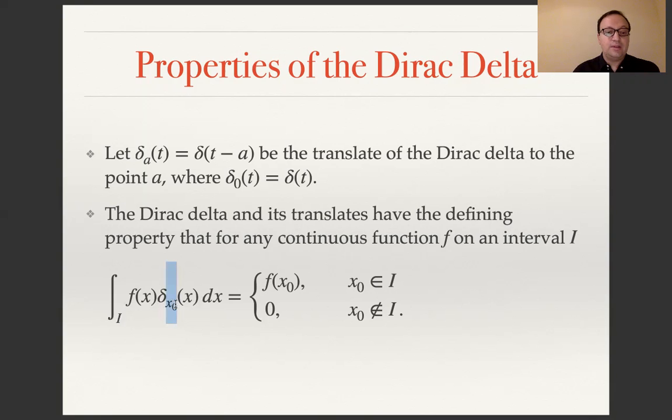If x0 is in the interval I, then all that measures is the value of f at the point x0. And then this integral could be replaced by the integral of f of x0 times delta_x0 of x. And since the Dirac delta has total mass 1, then its integral is 1, and we are just left with f of x0.